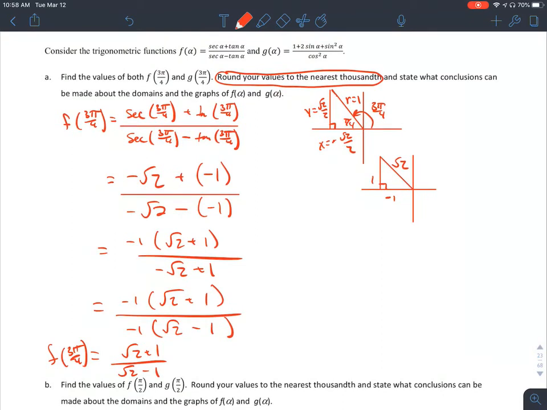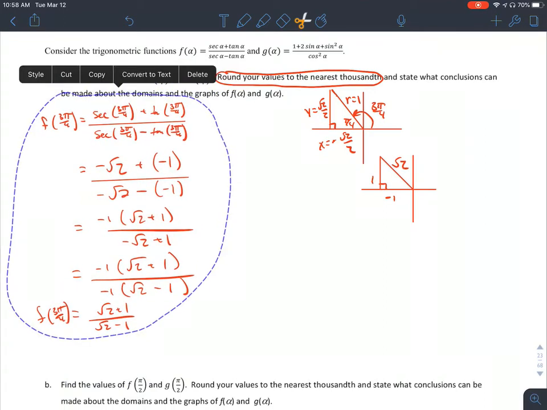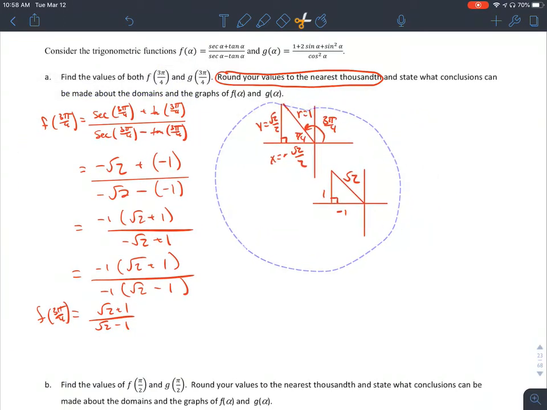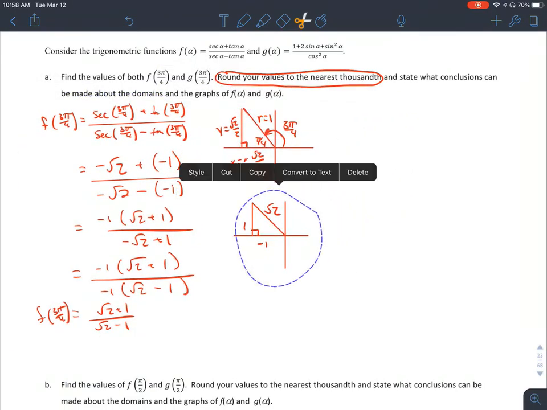We're supposed to also figure out what g of alpha is. I'm just going to move this over here in the middle.